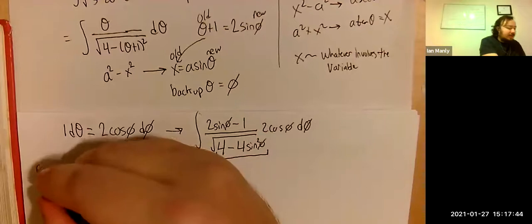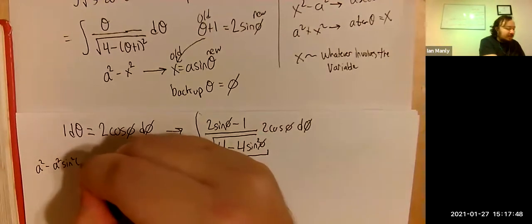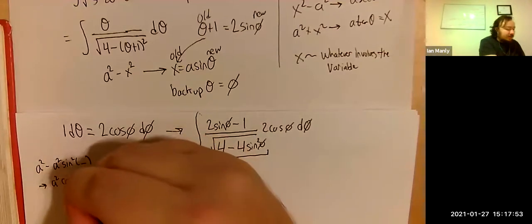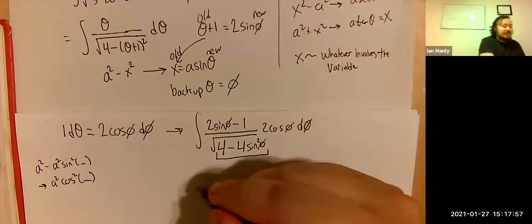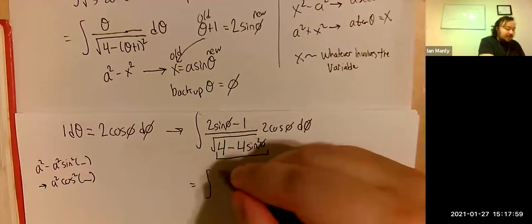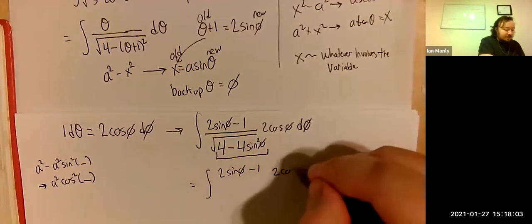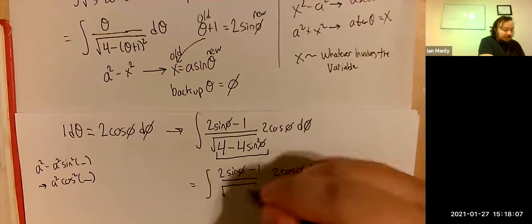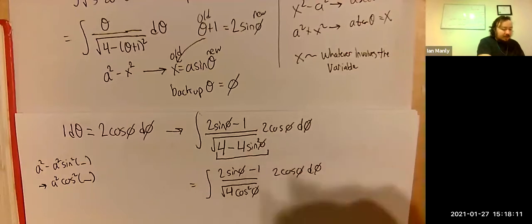If we have a squared minus a squared sine squared of something, then that's going to end up being a squared cosine squared of whatever that thing is. And in this case, the thing is phi. So we have 2 sine of phi minus 1. We have this 2 cosine of phi hanging out here. And then we have the square root of 4 cosine squared of phi.